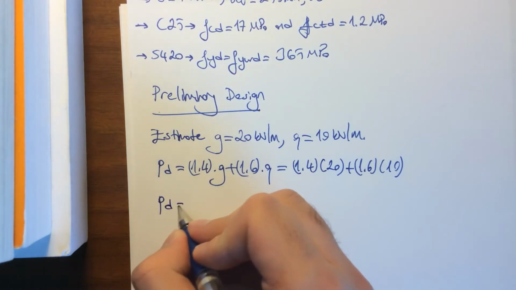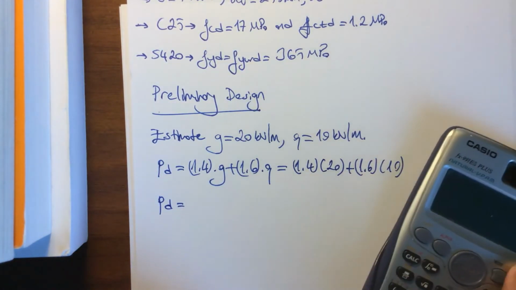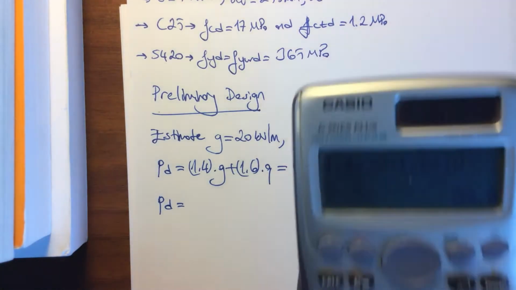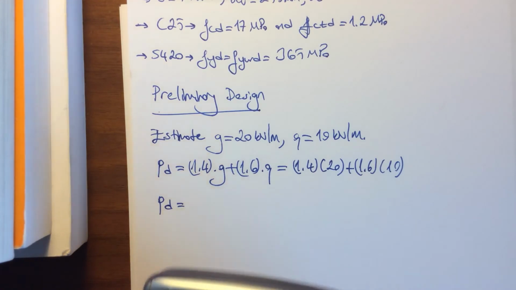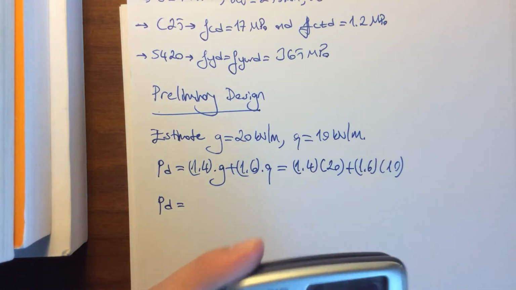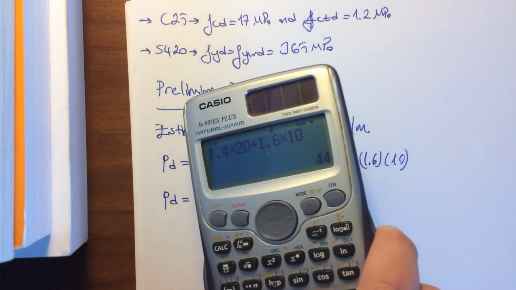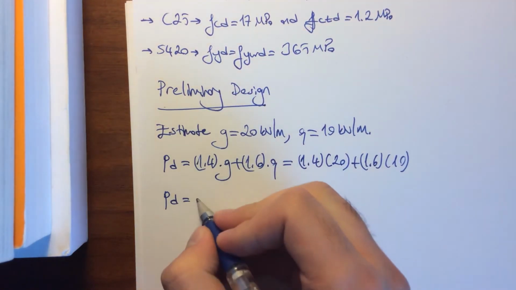When we do the calculation, 1.4 times 20 plus 1.6 times 10, we get 44 kilonewton per meter.